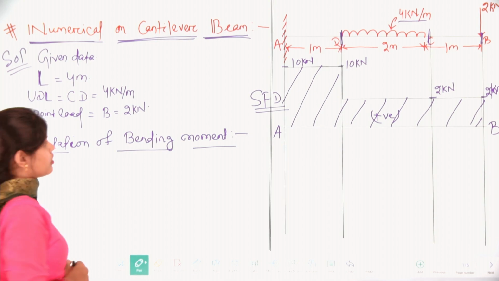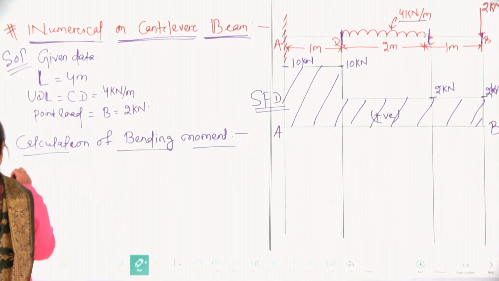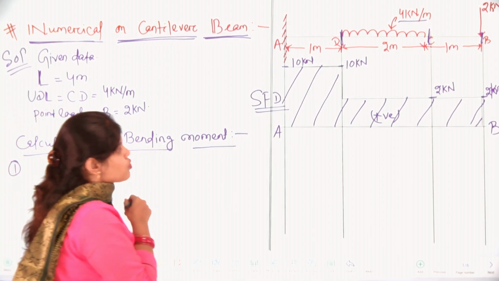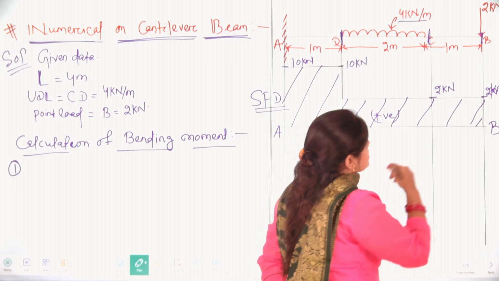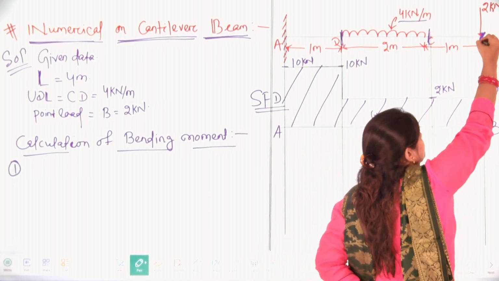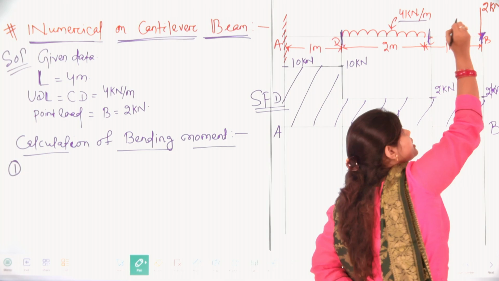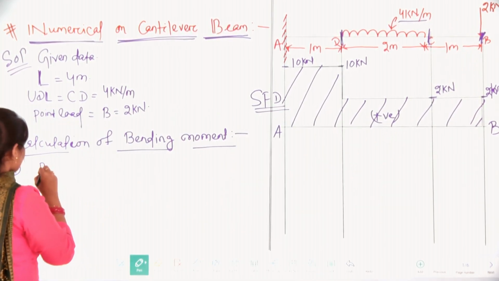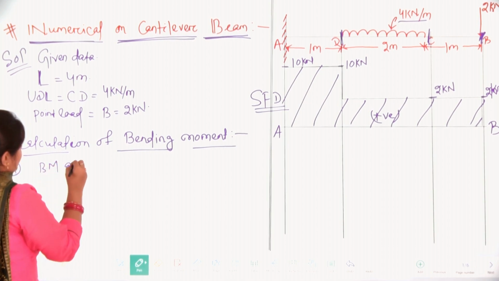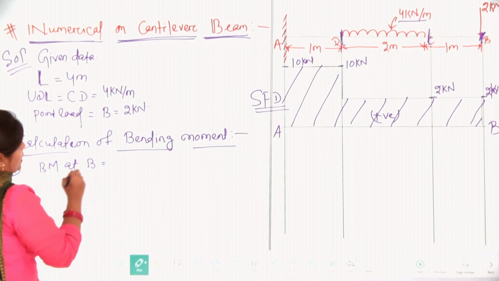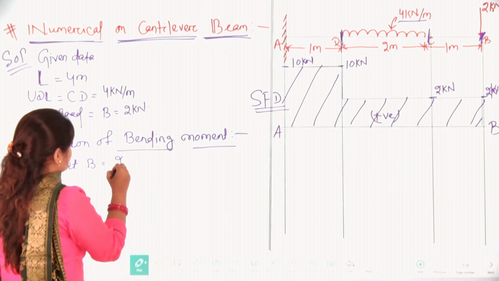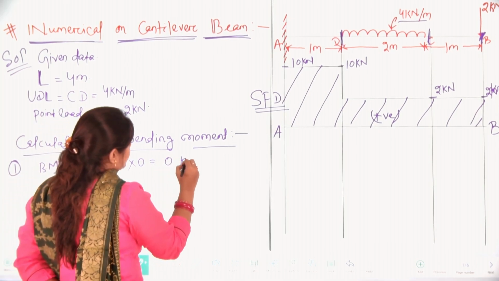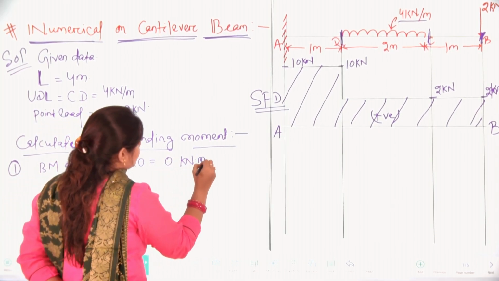First we will calculate from point B. If we are calculating from this point, the distance from this point to this point is 0. So, bending moment at B will be 2 multiplied with 0 distance, that will be 0 kilonewton meter.